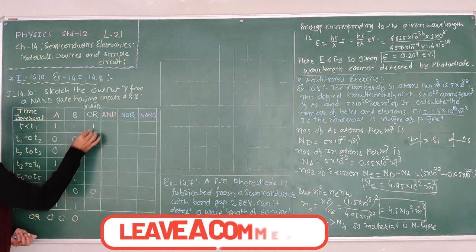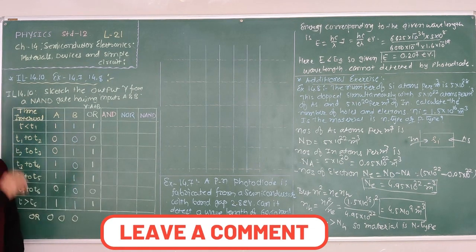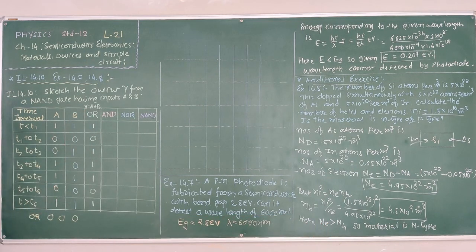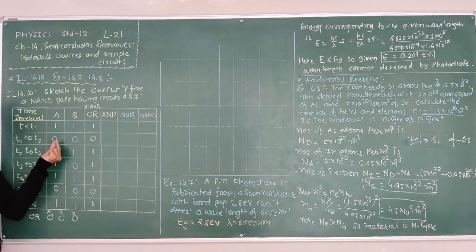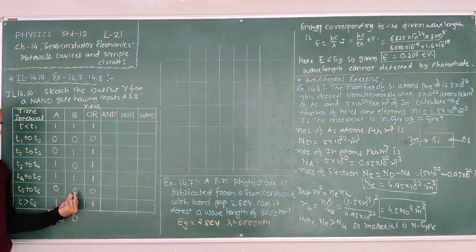Otherwise 1. So that is the truth table of the OR gate.